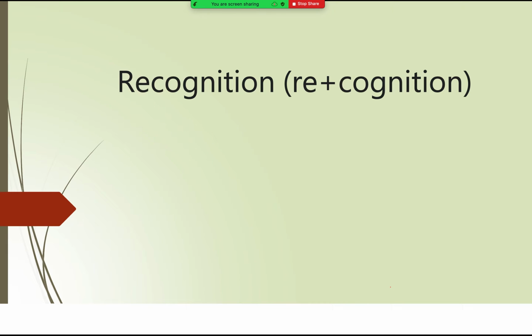Then comes what is cognition? And if you add re to that, it is recognition. The events, process, patterns that occur in the thinking whenever we have some cognition have caused various objects to recur.